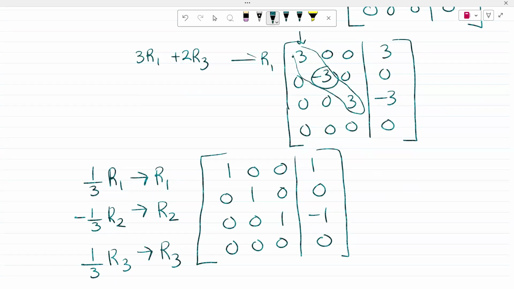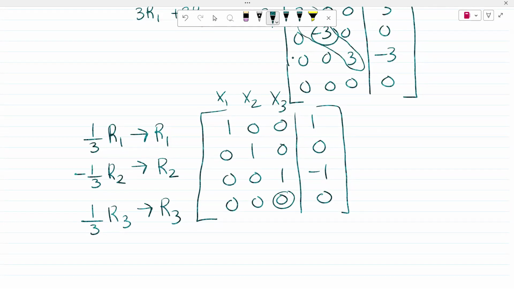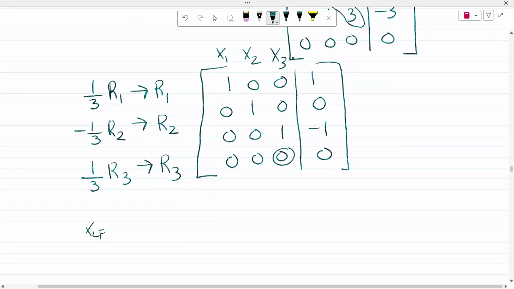And now we can check our work. So remember, this column is x1, this column is x2, this is x3. So we use a coefficient. So this 0 is like your x4, so x4 is going to be 0. And then right here, this is your x1. Wait, I should have started here.